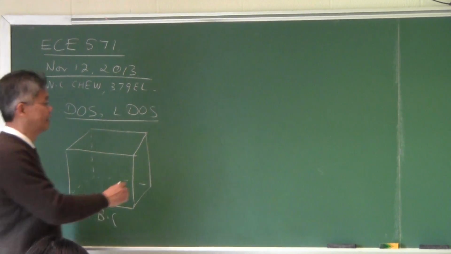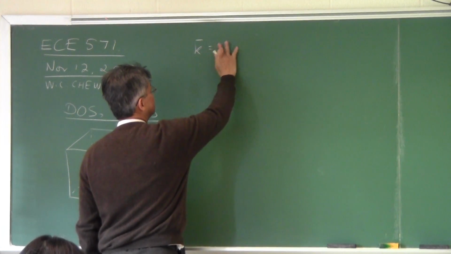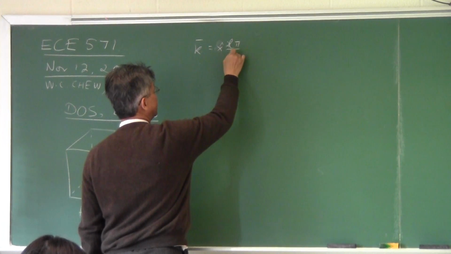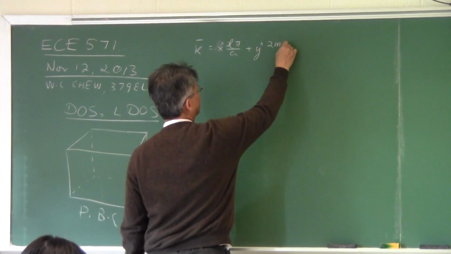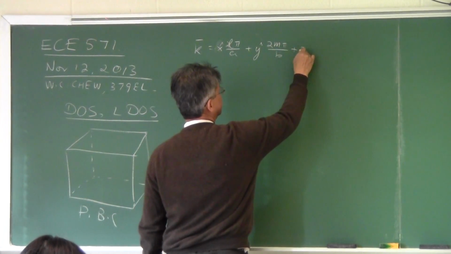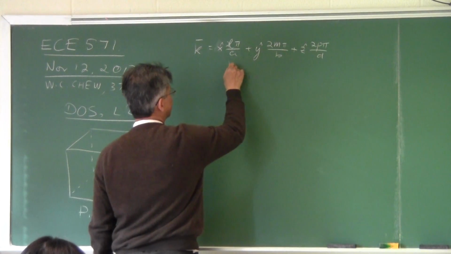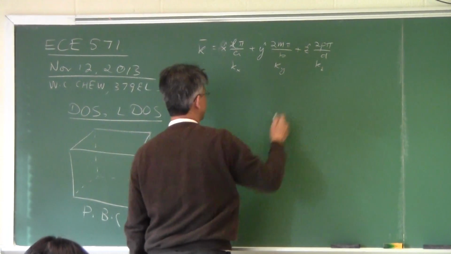You give rise to k, which is discretized: x hat 2 l pi over A plus y hat 2 m pi over B plus z hat 2 p pi over C. So this is kx, this is ky, this is kz, and they're all discretized.